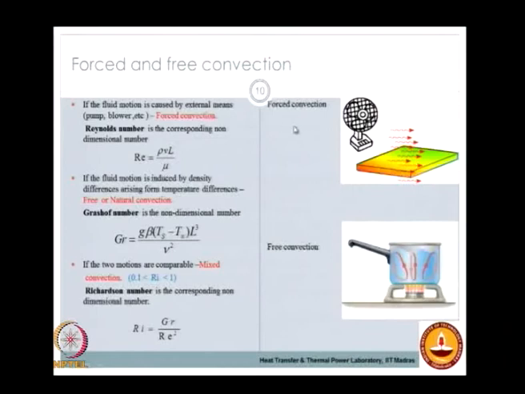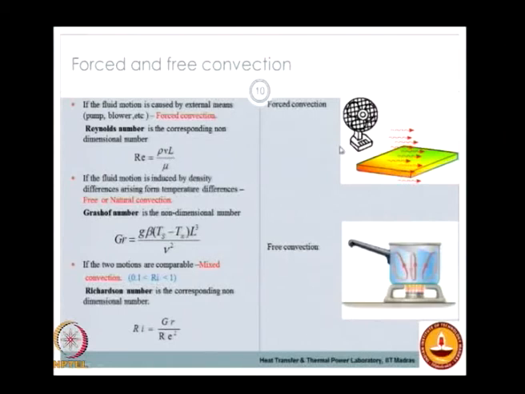Here, to characterize the flow, we use what is called the Reynolds number, which is the ratio of the inertial force to the viscous force, defined based on the characteristic dimension of the heat transfer object. The density and viscosity are defined with respect to the free stream properties, or maybe the average properties between the surface and free stream temperatures, and V is the velocity of the fluid.